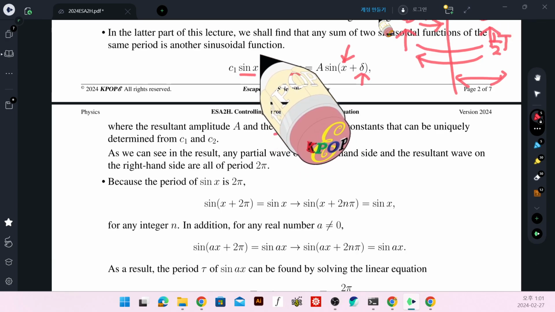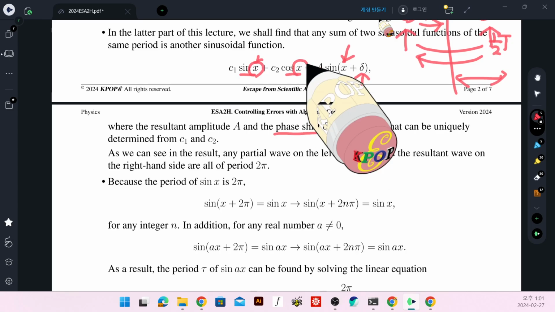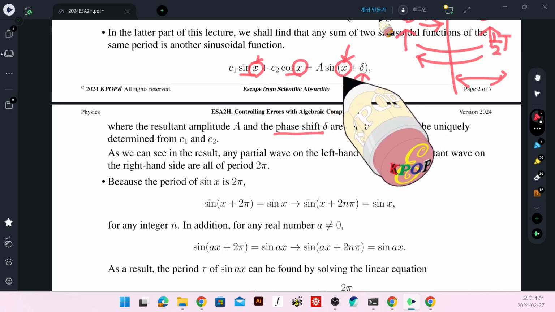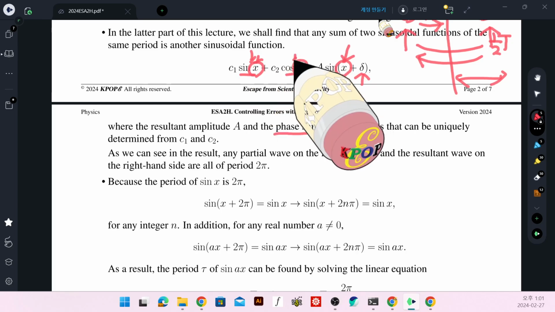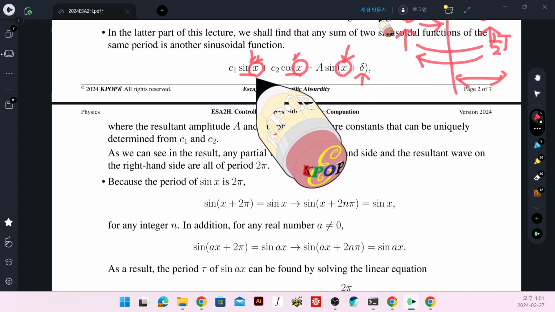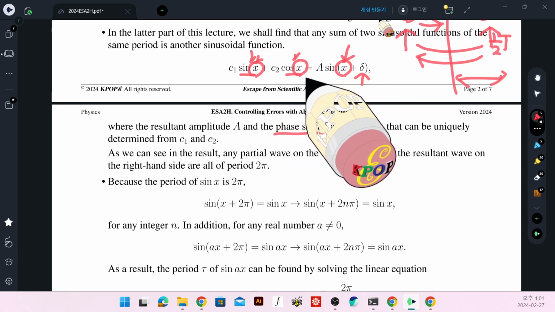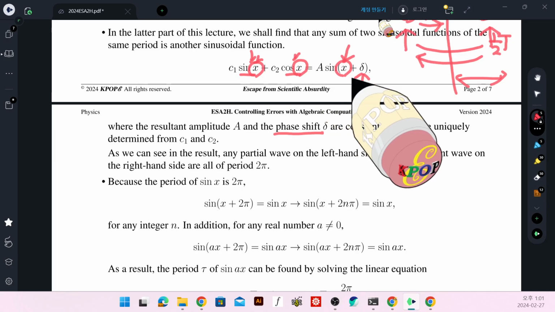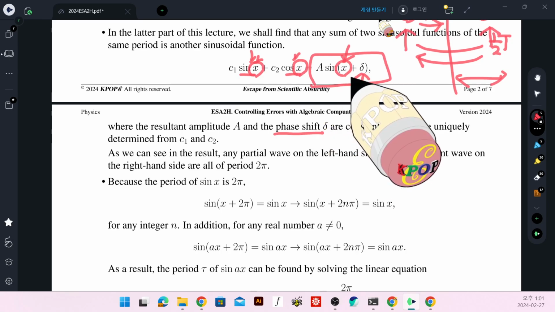period, the shape is a sine of x, cosine of x, and a sine of x plus something, there is no additional factor in front of x. So in that case, all these kinds of sinusoidal functions are to be added to make a result a single sinusoidal function.